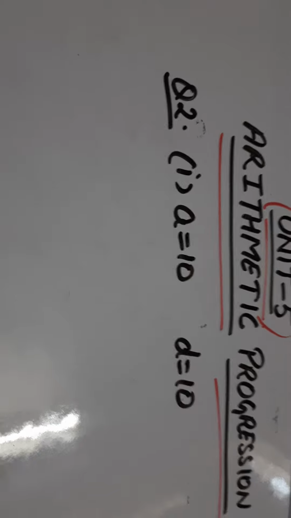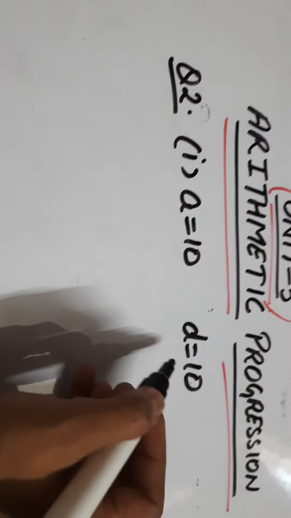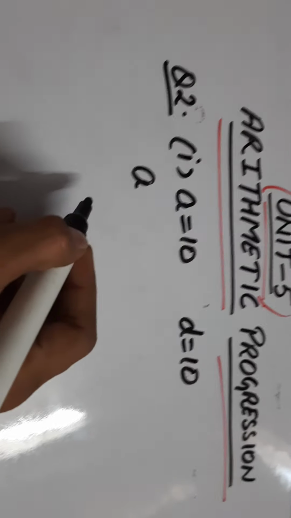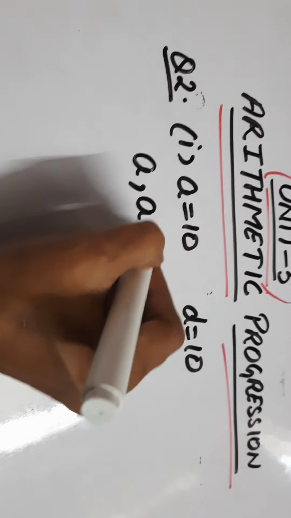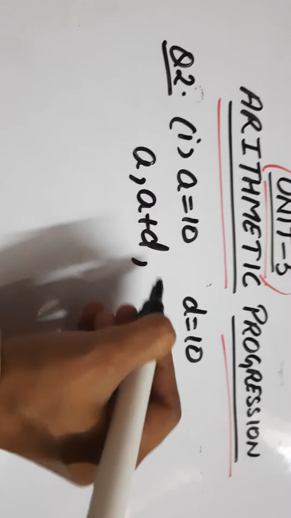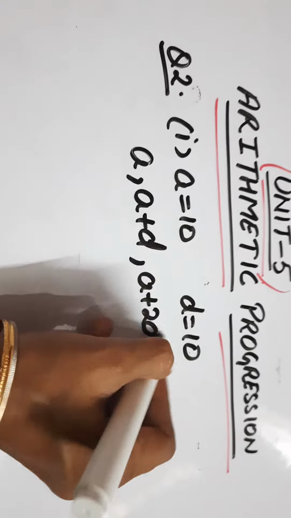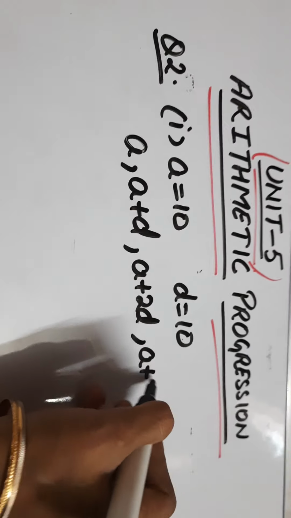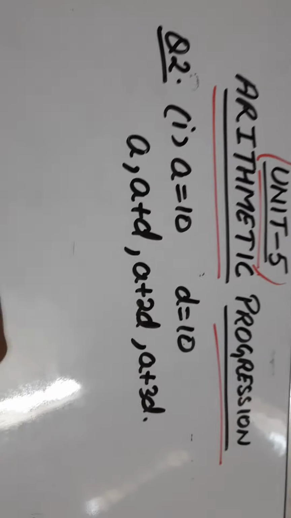The first term is a, the second term is a plus d, the third is a plus 2d, and the fourth is a plus 3d. So we can find the terms.